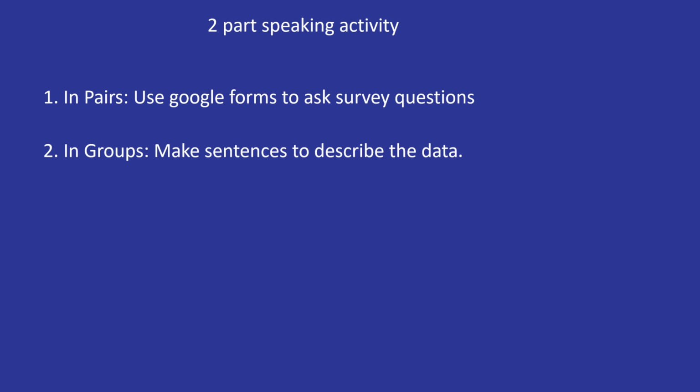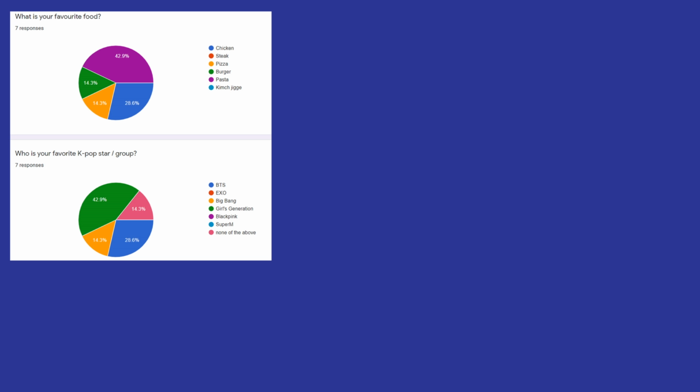So in my class at the moment, we're doing comparatives and superlatives, so it's perfect for this kind of task. As an example of part 2, let me show you some data we can get from Google Forms. We can get pie charts like this.